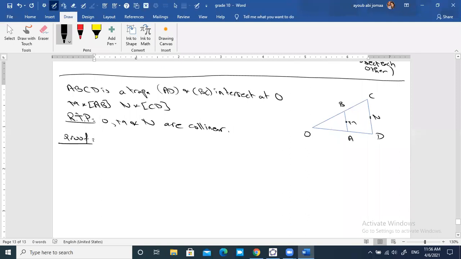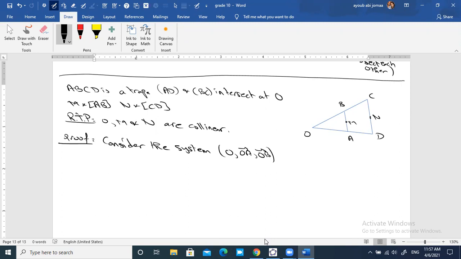Now if you consider the system O, OA, OB, right, let's find the coordinates of points O, A, B, C, D, M, and N. If you can find the coordinates of the points, then simply you can determine if the points are collinear or not, using the property about collinear points.